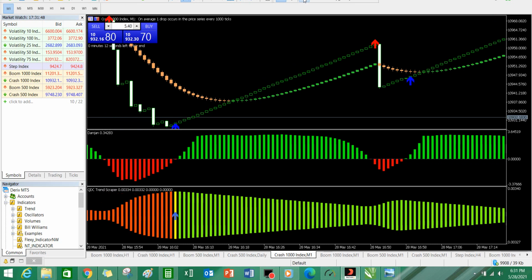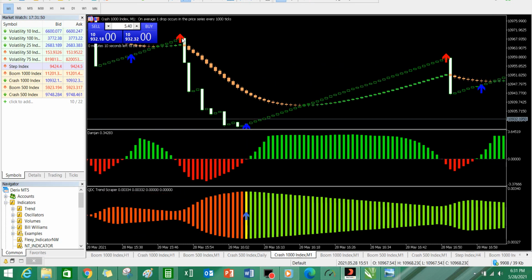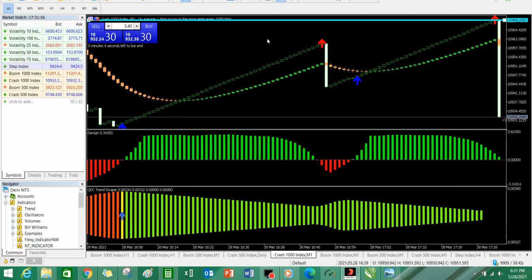It is already around the resistance level, which is here. If you notice, this is the resistance level, and the exit arrow popped up right on time, even before the spike happened. While I opened the chart, the exit arrow was already out.